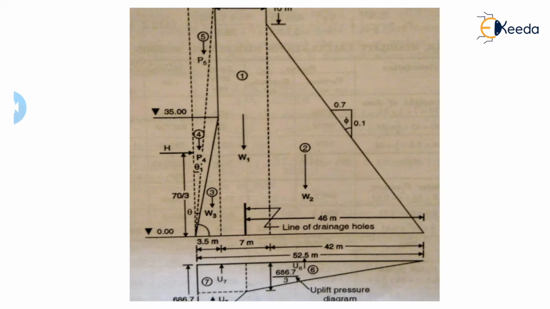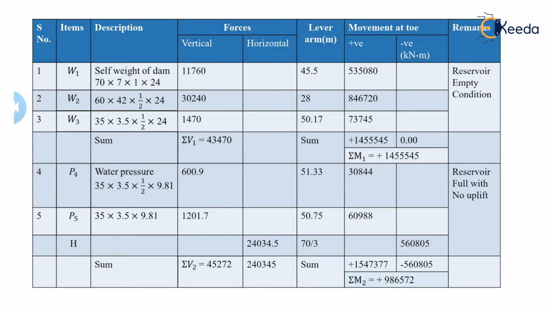The base intensity is gamma into H. You can see the capital H is denoted for the horizontal water pressure, and that is found by using half into gamma H into H. H is the height of water which is available on the upstream side.